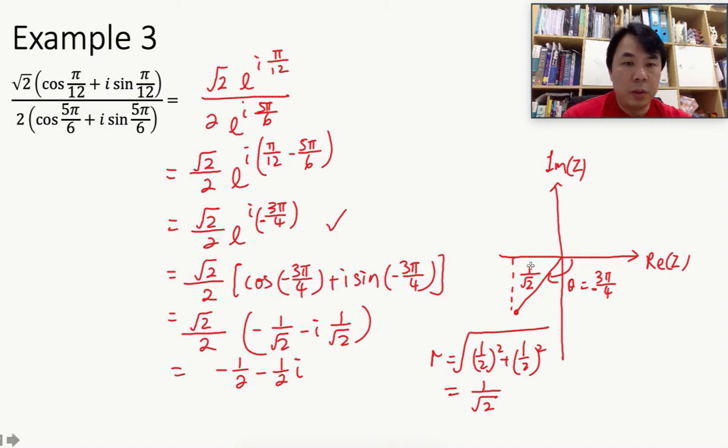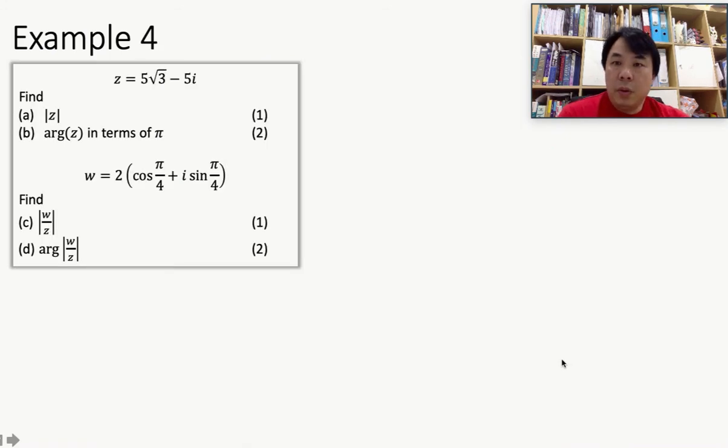All right, now before we move on to the next section, example number 4. This looks more like a past year paper question instead of just a simple exercise like before. Now we are given a complex number z equal to 5 root 3 minus 5i. Our first task is to figure out its magnitude for this complex number, or its distance measured from the origin itself.